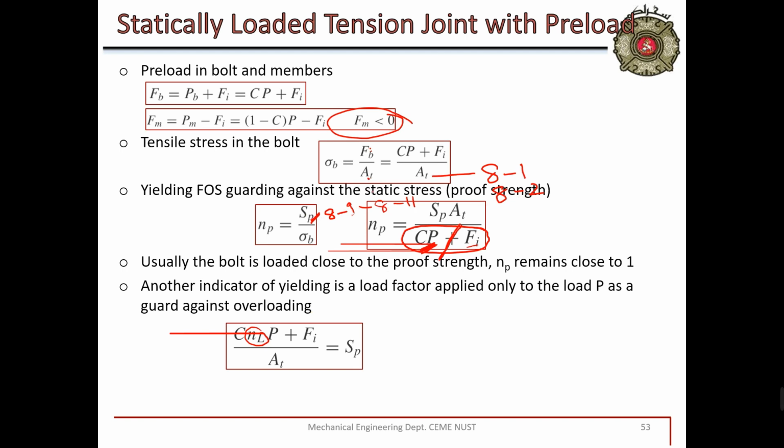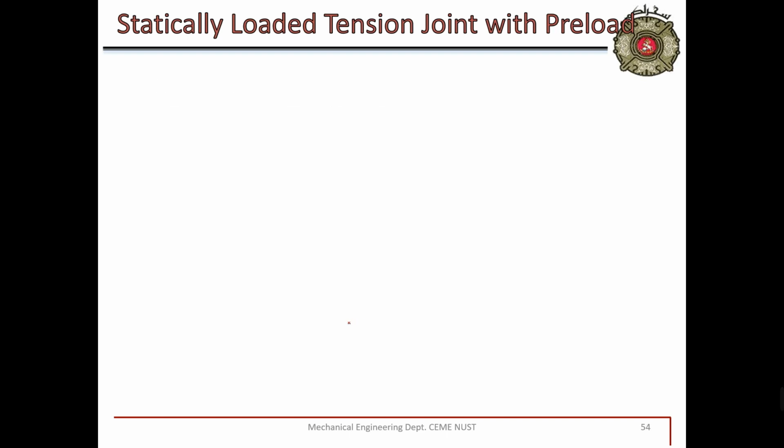This is the factor of safety against the static state, if you consider Fi and Fcp as static values, and this is the factor of safety applied against overloading. And what is overloading? In layman's language, overloading is an increase in external load, and this is the external load. So this factor of safety is only concerned with external load, not with the preload. This is the difference between the factors of safety.